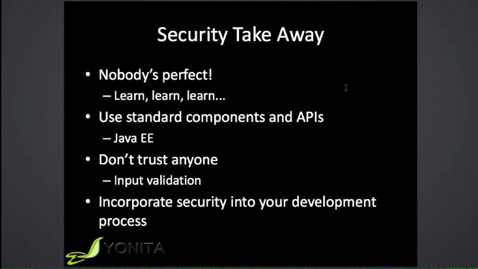And the security takeaway for you for the future. Nobody's perfect. We all make mistakes, but we all need to learn. We should use standard components and APIs. Java EE is a good choice, but it still needs to be applied wisely. And don't trust anyone.